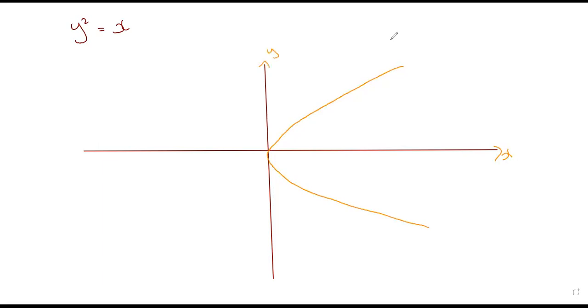Now, can this relation be a function? Can we say that this is a function? No, we cannot. Why? Because in this case, for 2 and for minus 2, I am getting the same x.